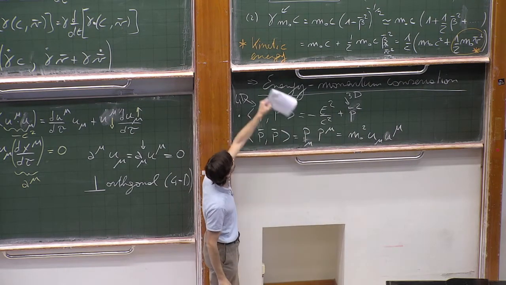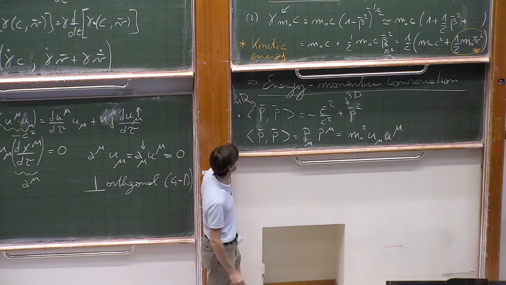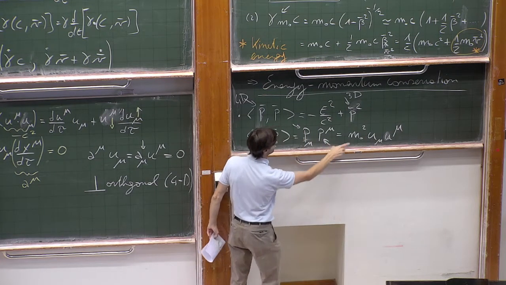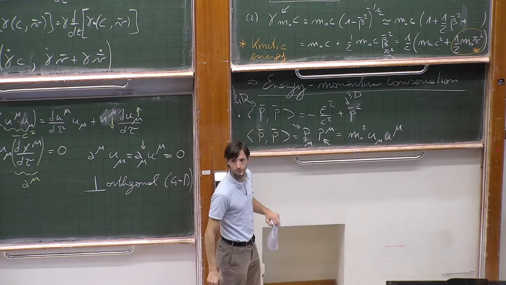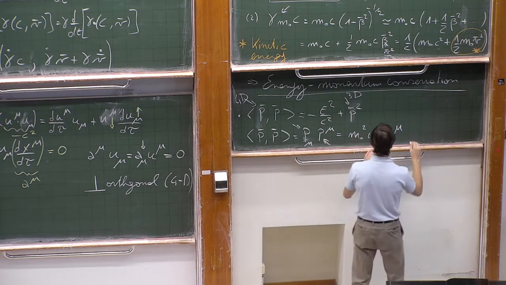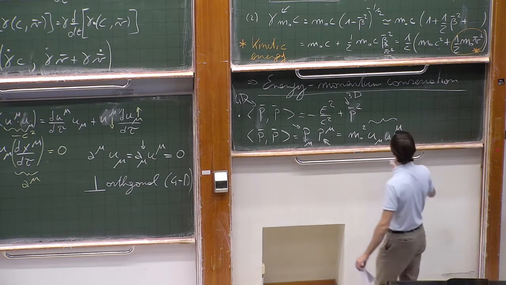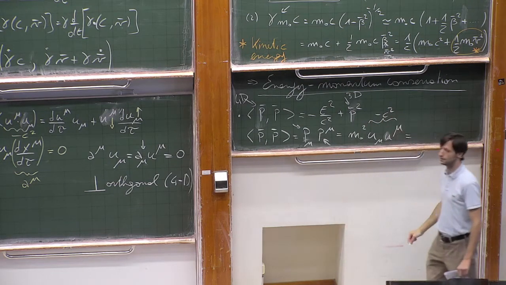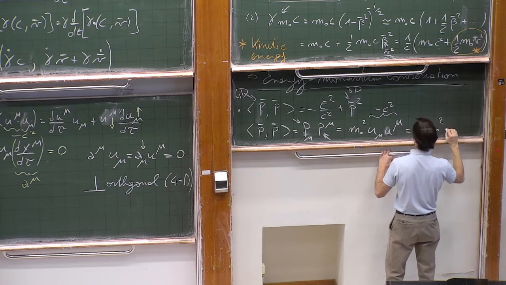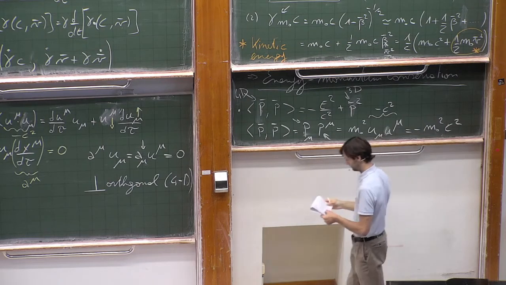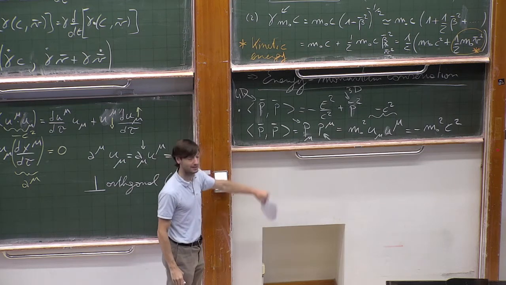That's the definition of the four-momentum as given up there on top. But again, what's U mu U mu? It's equal to minus c squared. Therefore, all of that is equal to minus m0 squared c squared. And this shows you that this is an invariant.